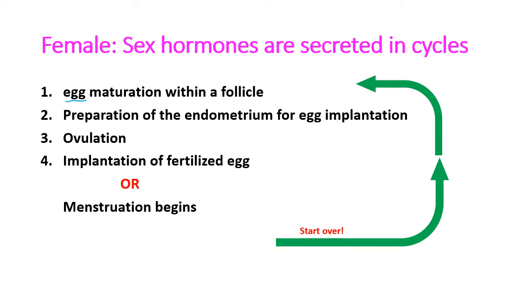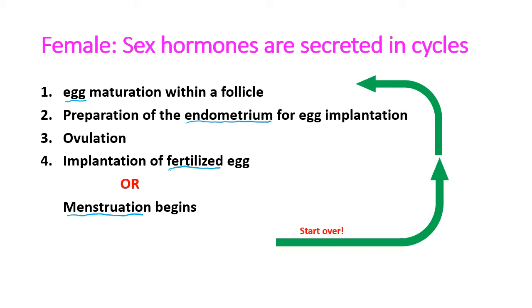That process begins at the beginning of the cycle, and then prepares the uterus for implantation, so the endometrium is going to grow. We get ovulation occurring, where the egg is matured and ovulated, and either fertilization occurs, and if it doesn't, then menstruation begins.